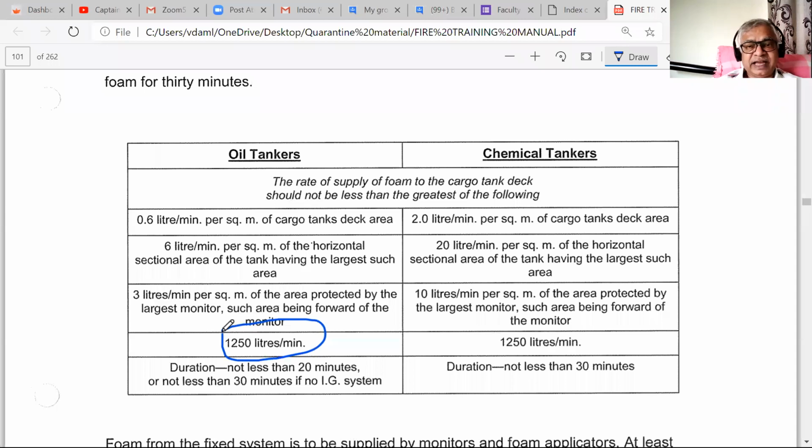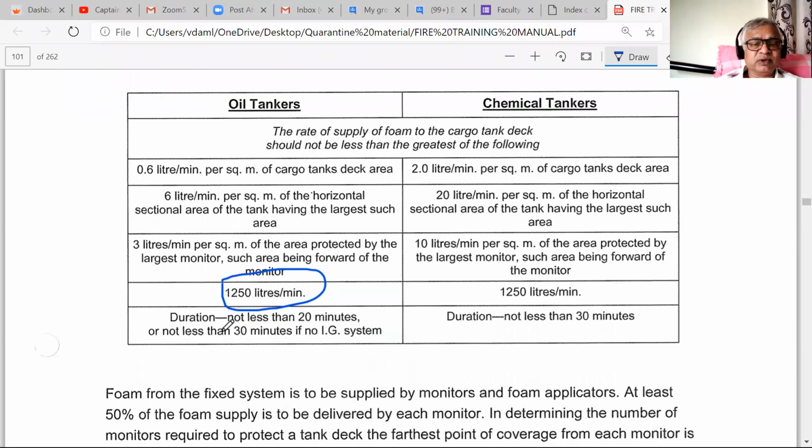They mix up in a mixer. The mixer goes a little further and gets mixed with air. Then you will get medium expansion foam, which can be anything from 12 times to 20 times.